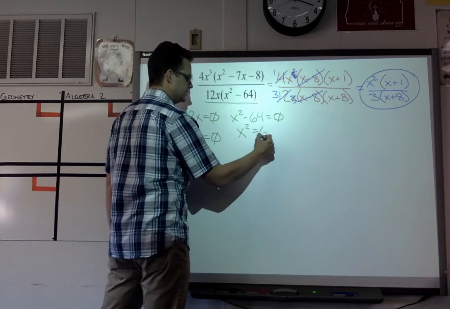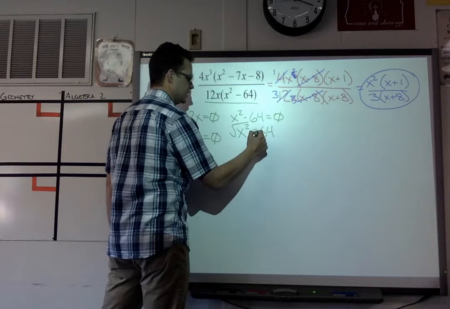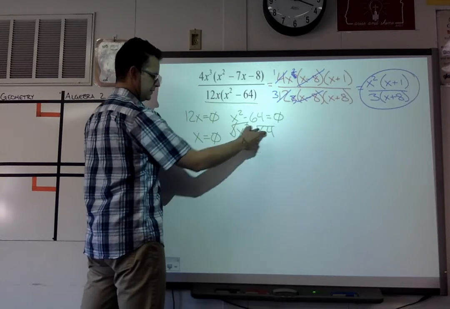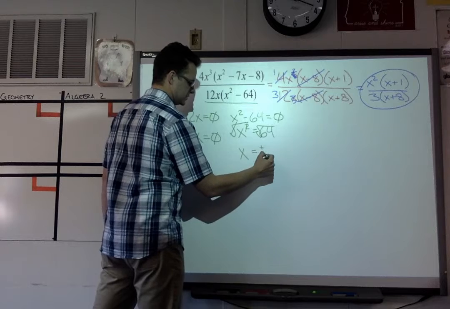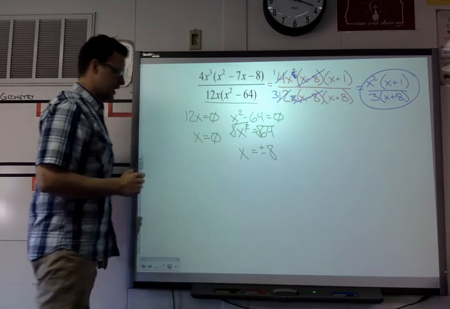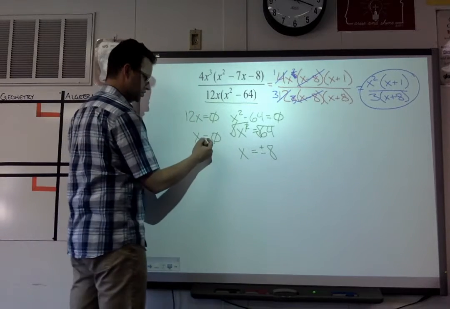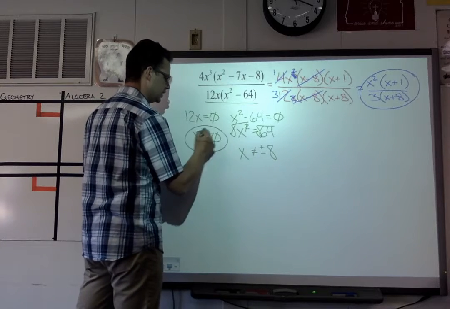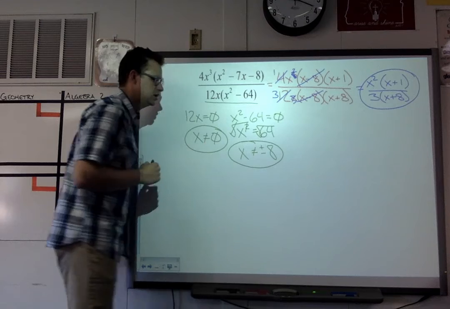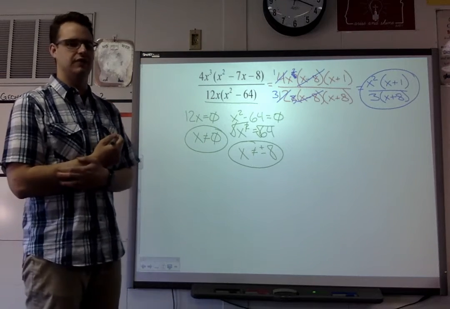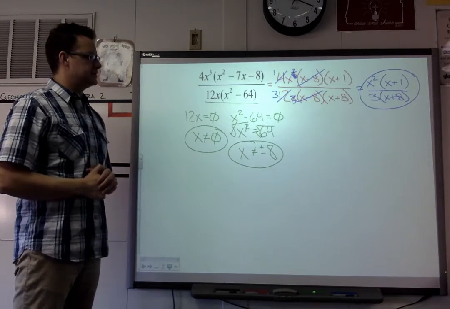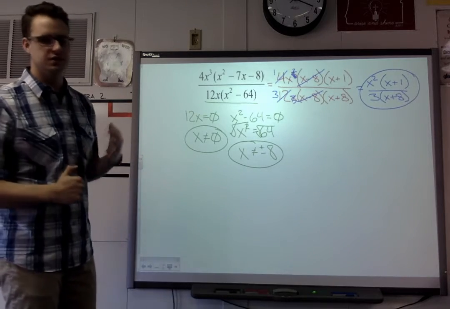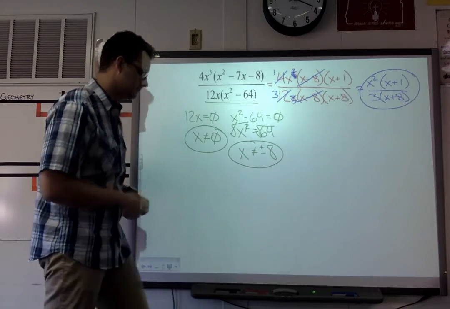Here we're going to add 64, then take the square root of both sides. Again, the square root of 64 we're going to say is positive or negative 8. So we would say x cannot equal 0 and x cannot equal positive or negative 8. So again, that's simplifying radical expressions and then determining what values would make it undefined.